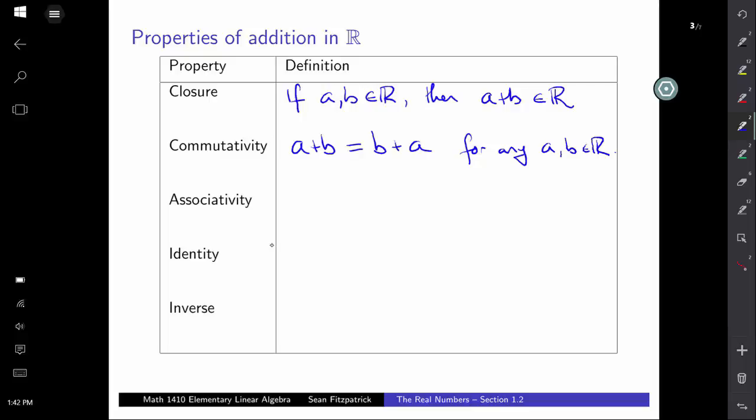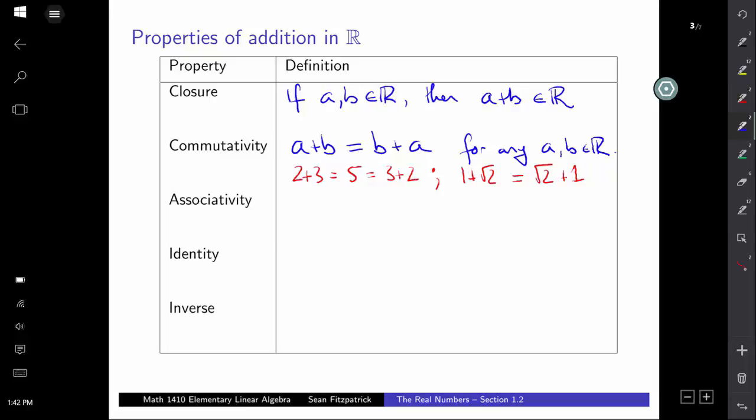So we know that 2 plus 3 is equal to 5, and that's the same thing as 3 plus 2. But we also know that it doesn't matter for things where we can't simplify, something like 1 plus the square root of 2, there's no way to simplify that expression. But we do know that it doesn't matter whether we write down 1 plus root 2 or root 2 plus 1. Either of those is going to be the same thing.